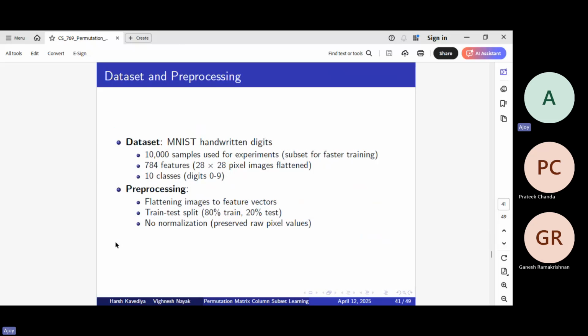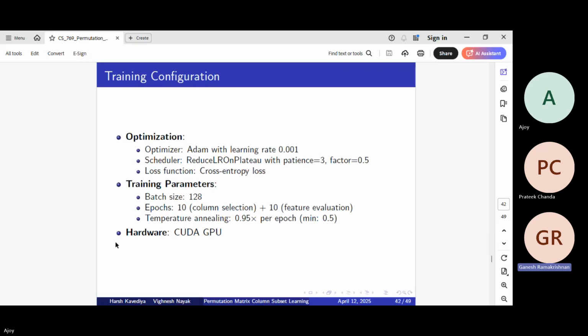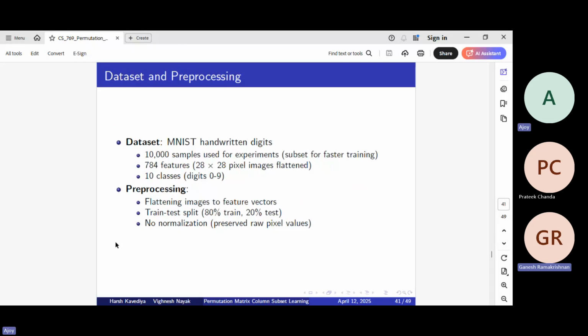Our data set was MNIST, and we only used a subset of it. We used 10,000 samples from the MNIST data set, 80% for training and 20% for testing. What is the problem you're trying to solve for MNIST? We are trying feature selection for MNIST.